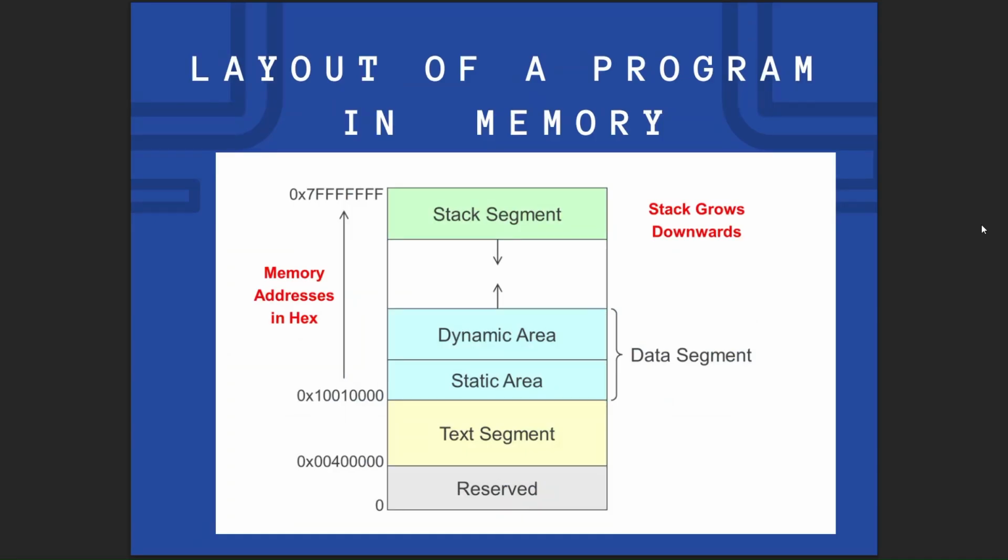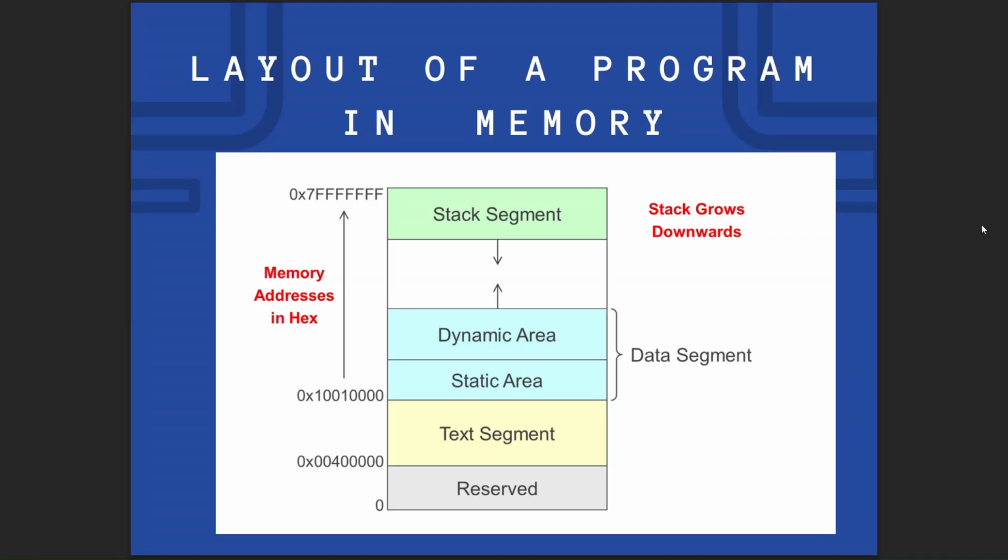This slide shows how a program is organized in memory when it executes. At the very top, starting from address 0x7FFFFFFF, this is a hexadecimal number, and growing downward, we have the stack segment. The stack is used for temporary data like function parameters, return addresses, and local variables.